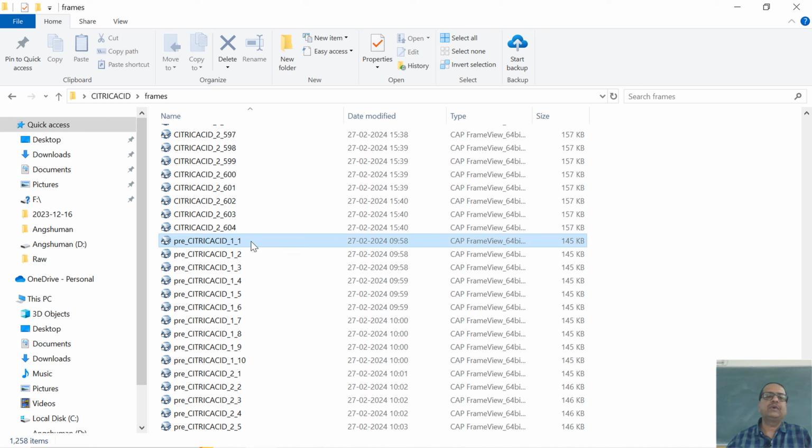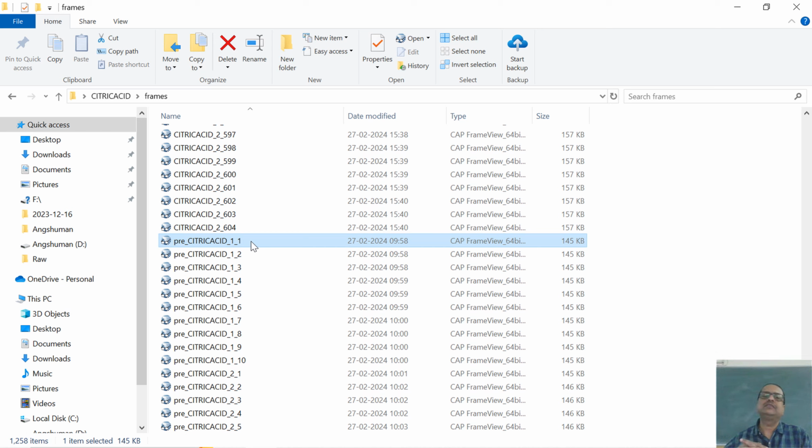This pre-experiment part was not there when we started our career, because at that time we had to identify what the data collection strategy should be. Accordingly, you give keyboard input that I want data from this to that theta value, from this to that h value, from this to this k value, and so on. But now it is automatic.